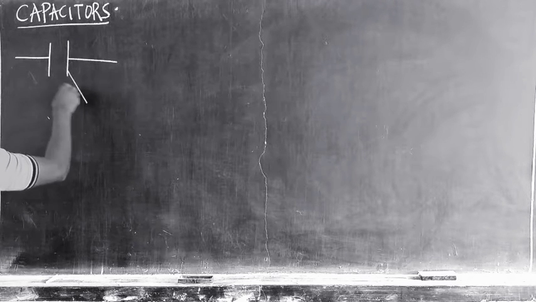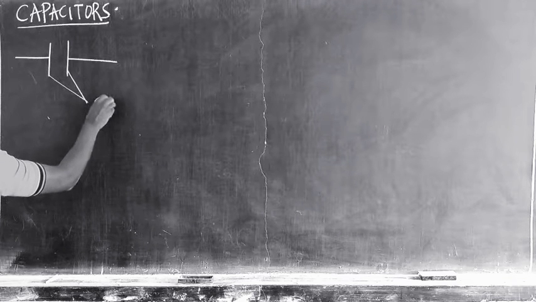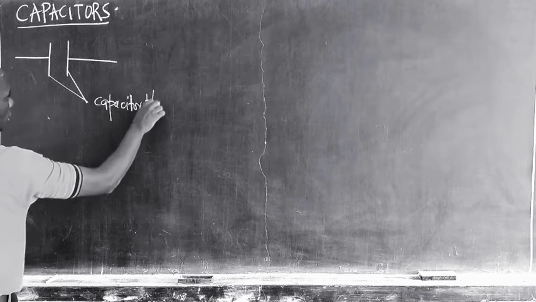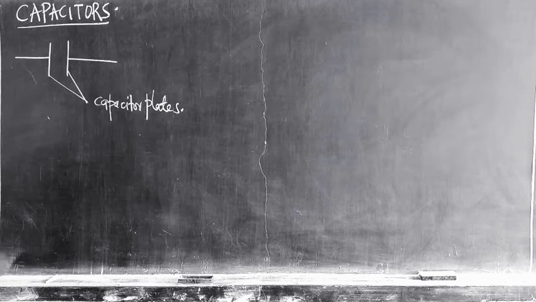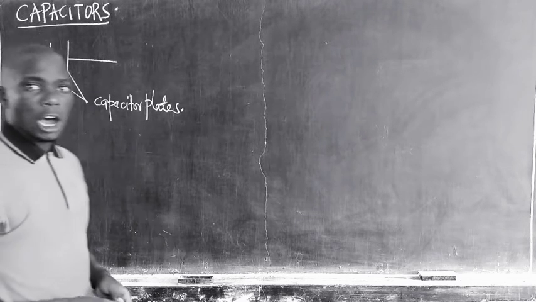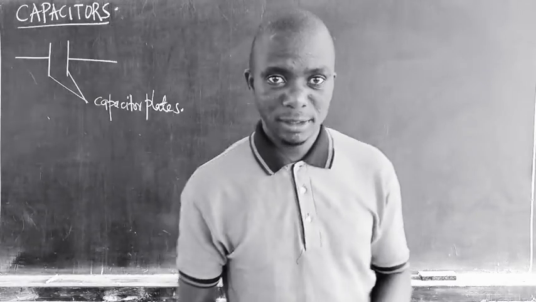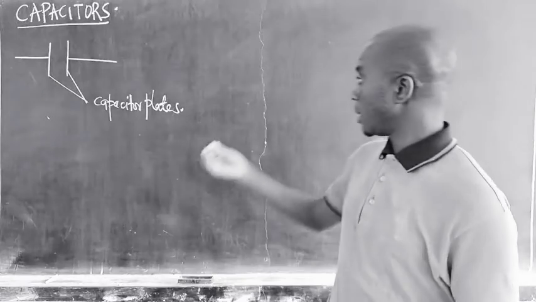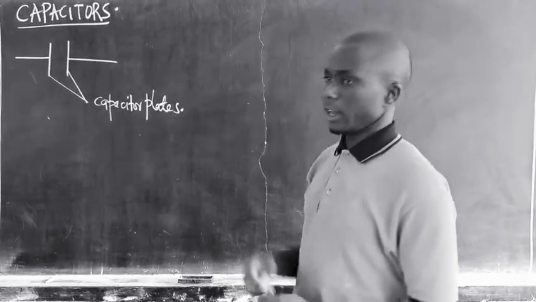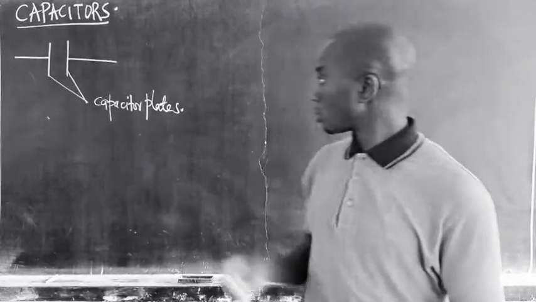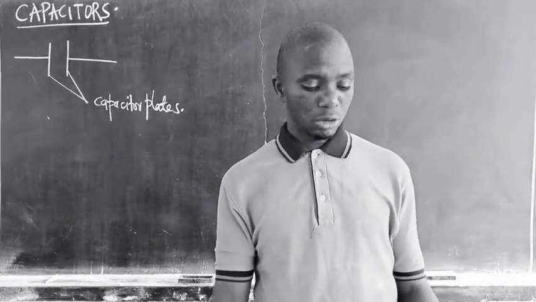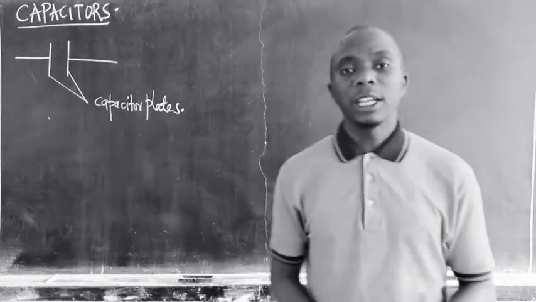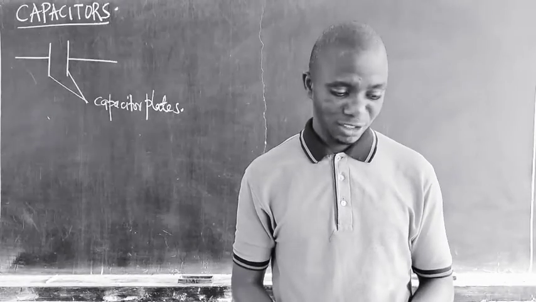And these two are what represent the plates of the capacitor, which are called the capacitor plates, because ideally they are plates. It is not just a line. One will store a positive charge, another one will store a negative charge, but those two charges will be of the same magnitude.